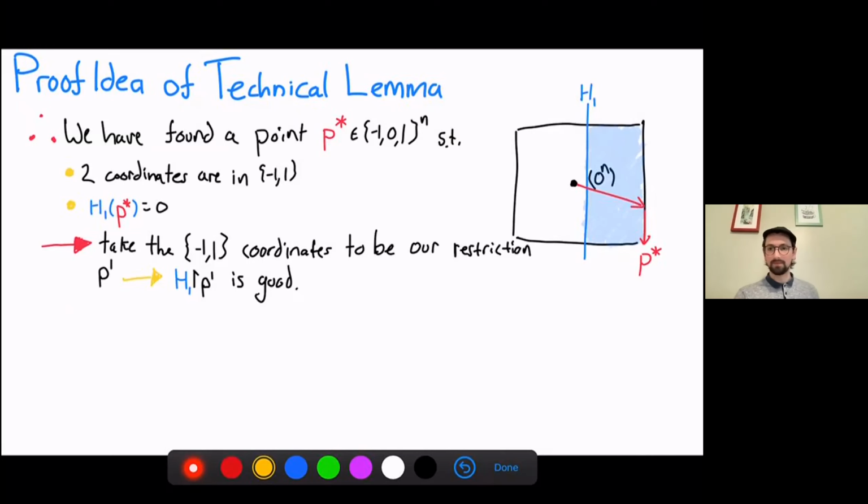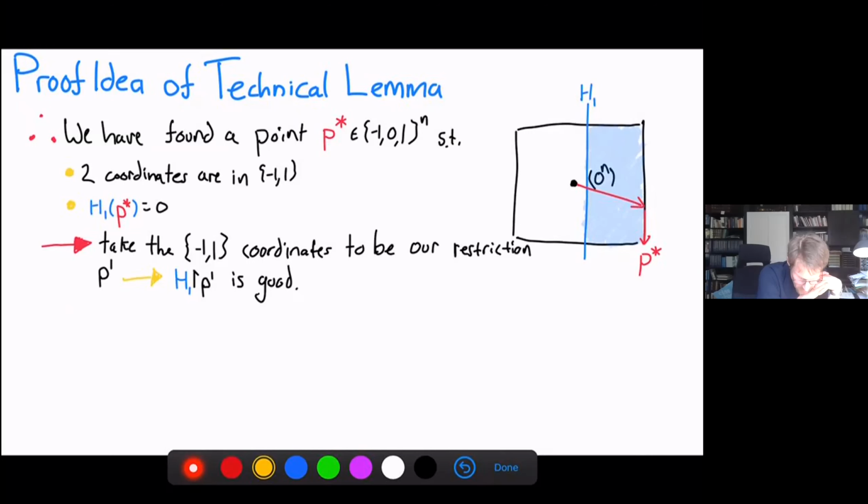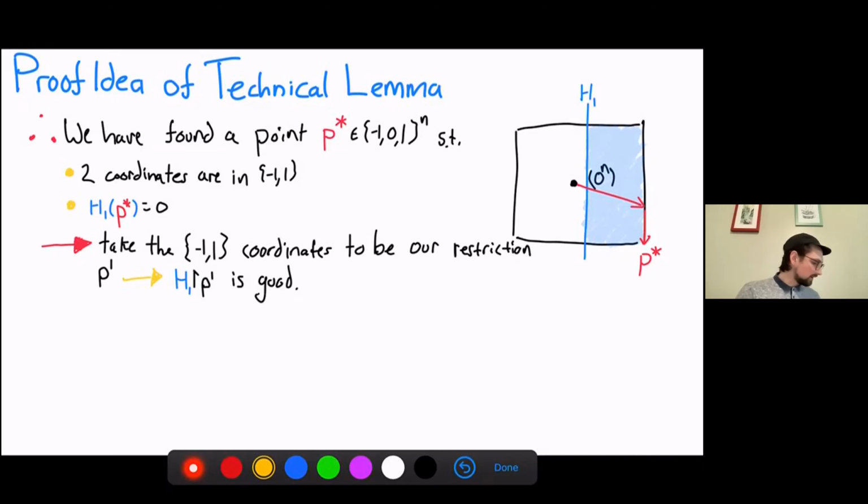Mm-hmm. And then I need to round to do something Boolean. Then I pick the guy with the largest coefficient and round that in the right direction somehow. And then the other guy, even if it gets rounded in the opposite direction, it won't mess things up for me, or no? No, so we're not using that here.